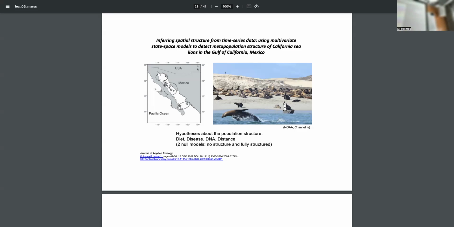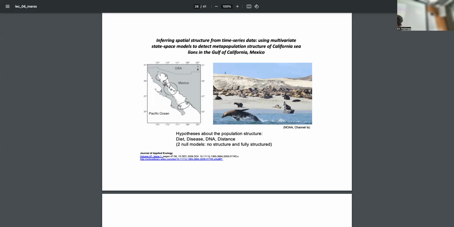One was diet is what causes correlation. The other one was disease, and then DNA, some movement of breeding individuals, and then just distance.